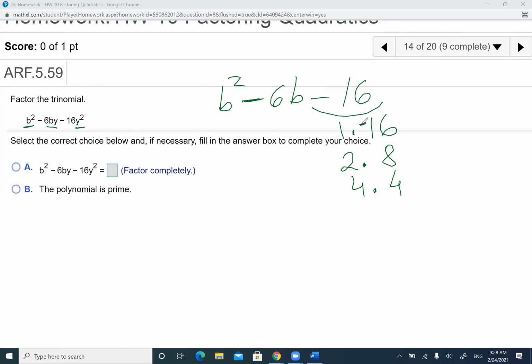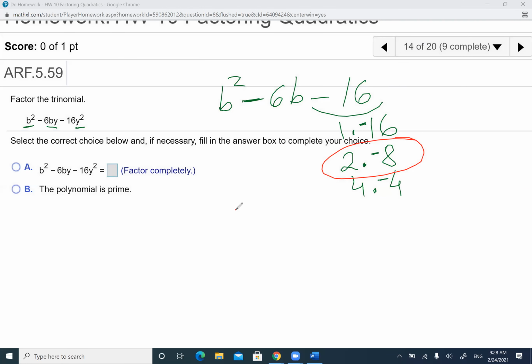So it's going to be like this, okay? So which two numbers add up to negative 6? See, 1 minus 16 is negative 15. 2 minus 8 is exactly negative 6, right? And 4 minus 4 is 0. Okay? So these are the two numbers I'm going to use to factor.